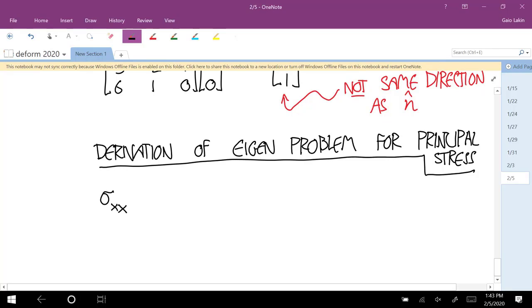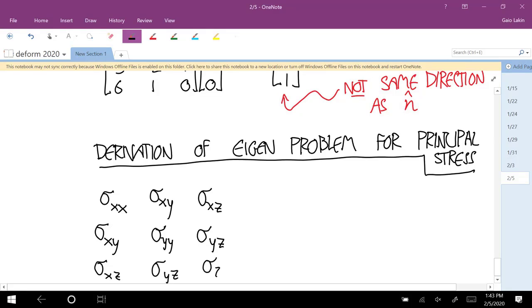I'm going to call it sigma xx, xy, xz. I'm going to take advantage of the symmetry. And now we're going to use the idea that if you multiply the stress tensor by a unit normal vector, it gives you the tractions on the face that it's normal to.